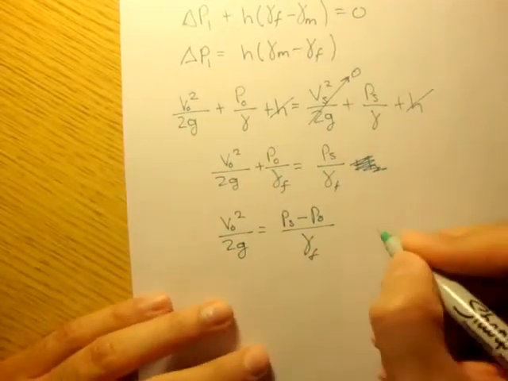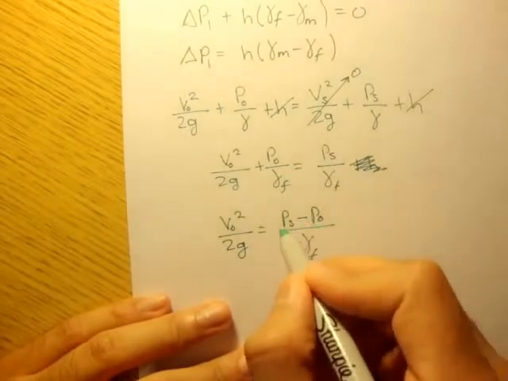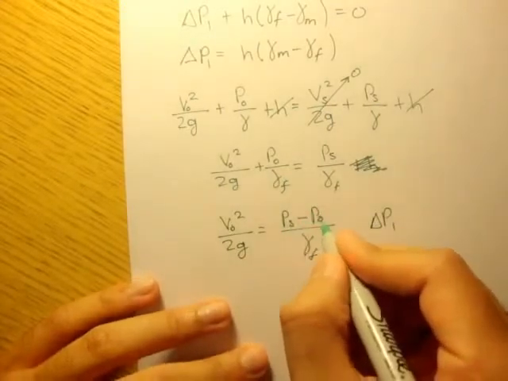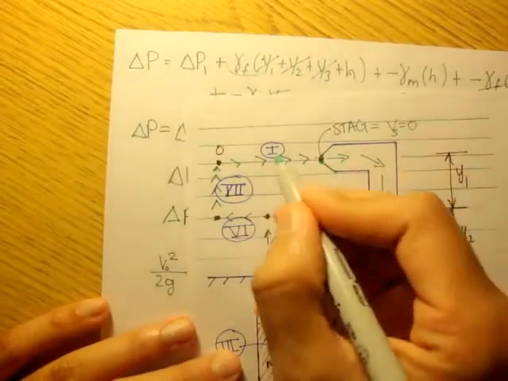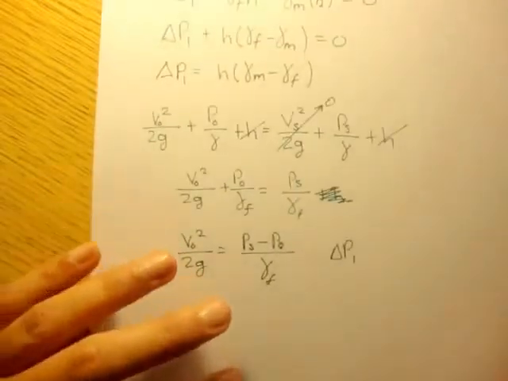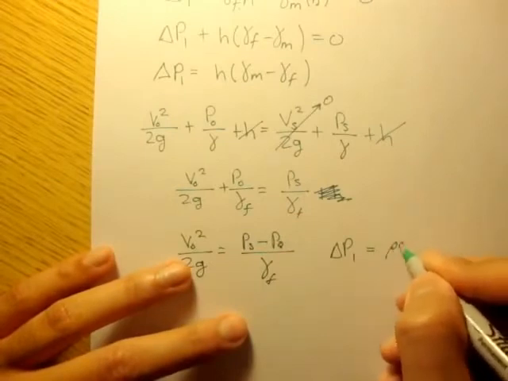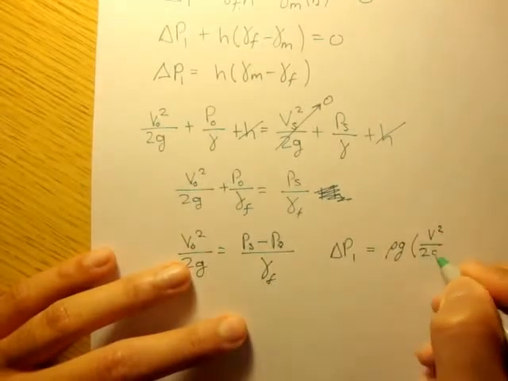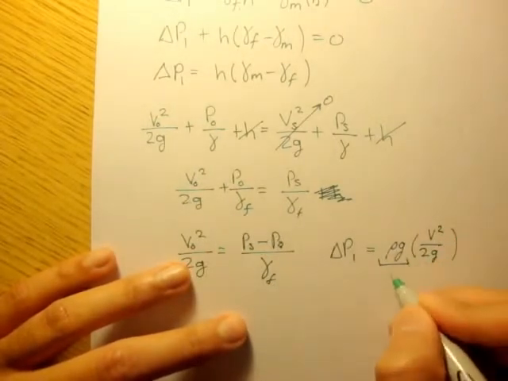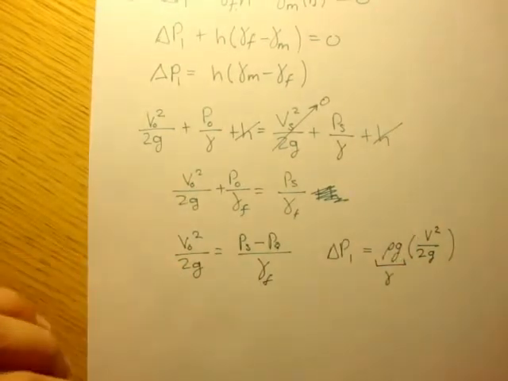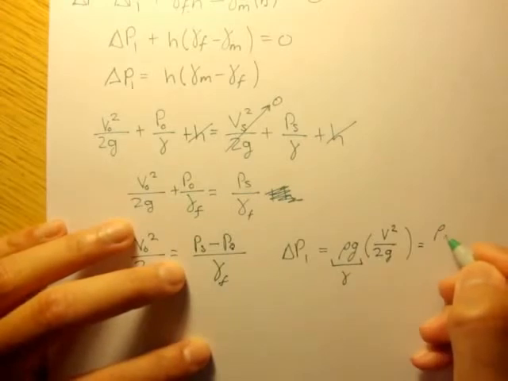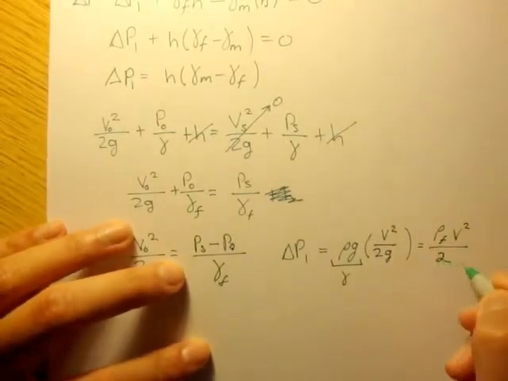So we have this. And this right here is actually the change in pressure along path 1. Right? Stagnation minus 0, or final minus initial. And that's equal to rho g times v squared over 2g. And this right here, remember, is our gamma. Gamma is equal to rho g. And all of this is equal to rho of the fluid, v squared over 2.